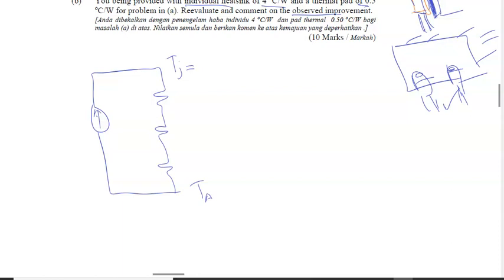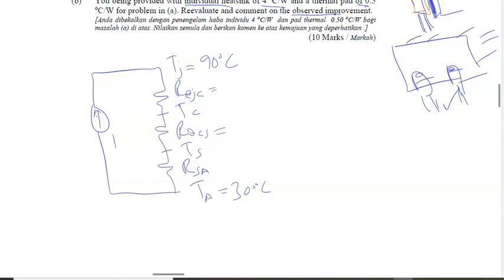So we have here TJ, TA, in between we have T case, T heatsink, and here is our R thermal from junction to case. So draw bigger such that you can label properly. TJ just now is 90 degrees C, T ambient 30 degrees C. After you draw, just note down all the data here.